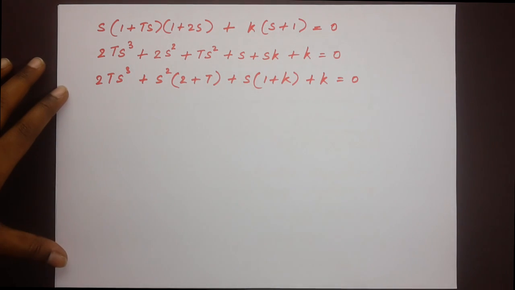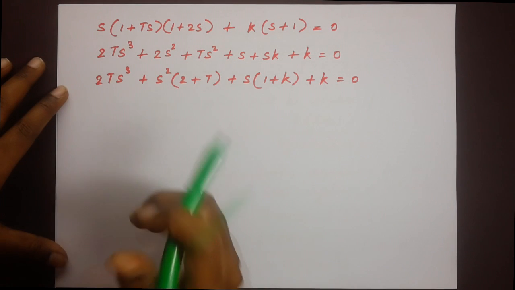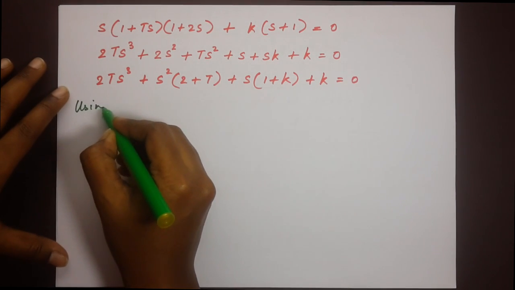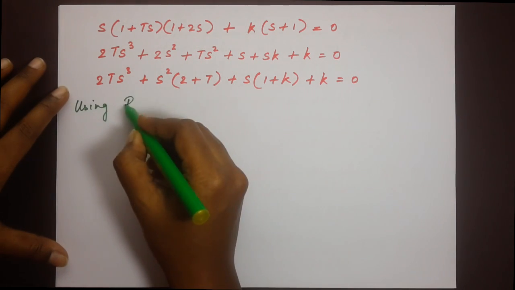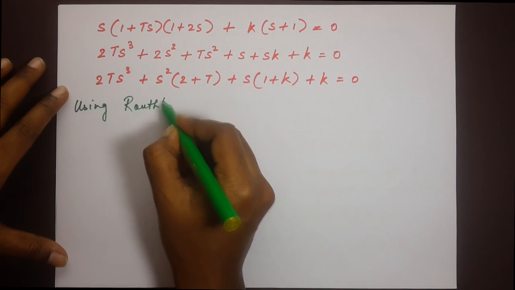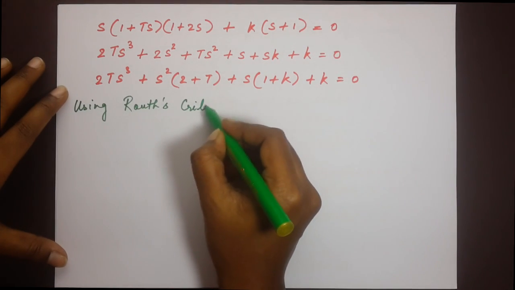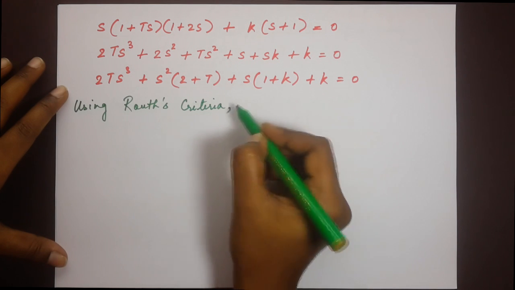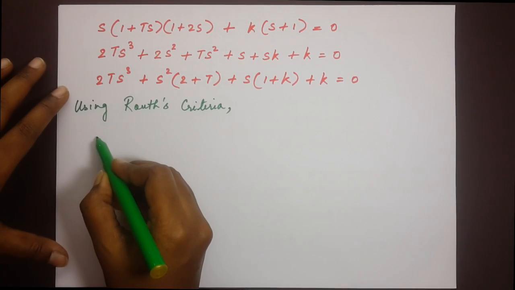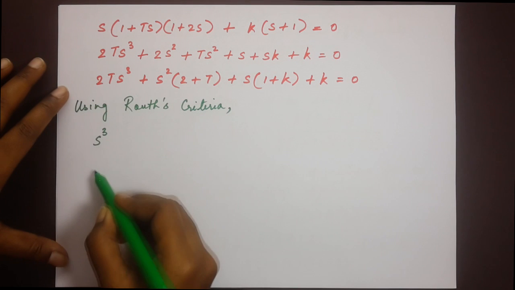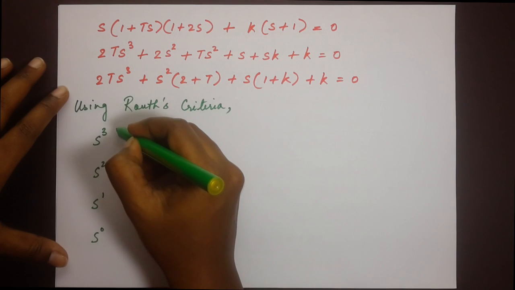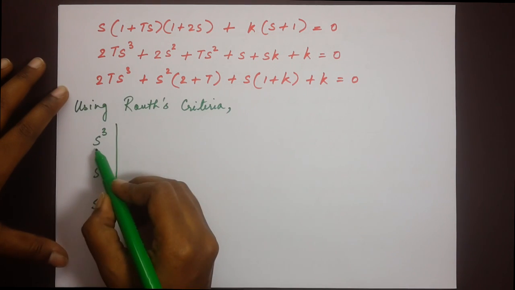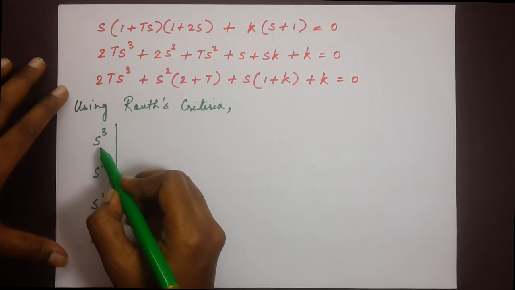So we are going to use Routh criteria. We put down the powers of s here, s cube, s square, s1 and s0, and then we start with the table, the Routh criteria table.